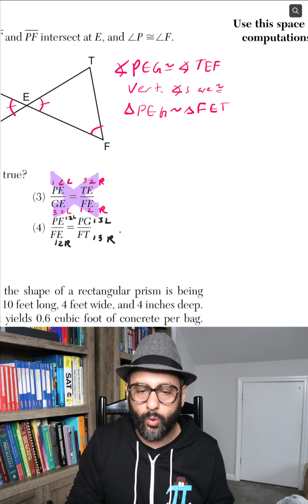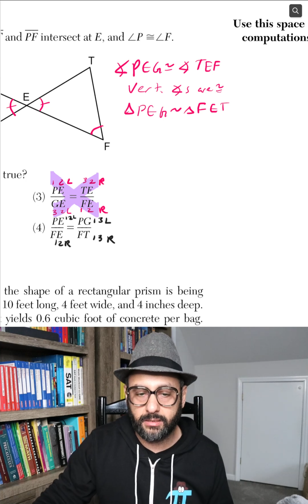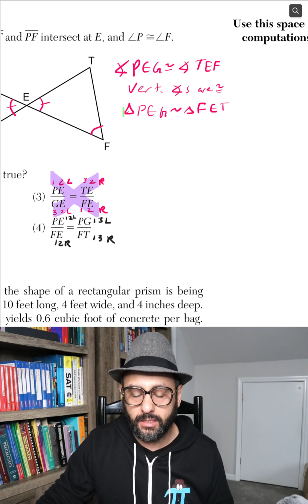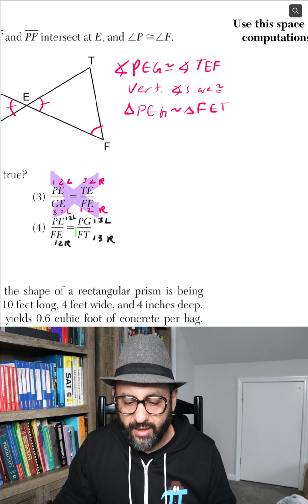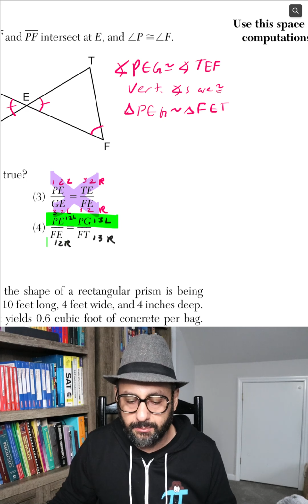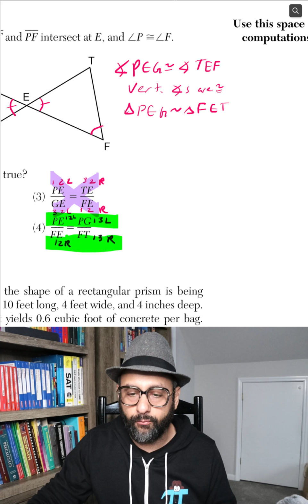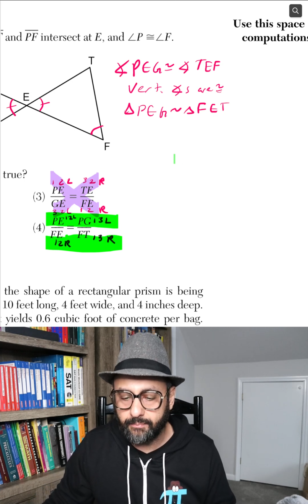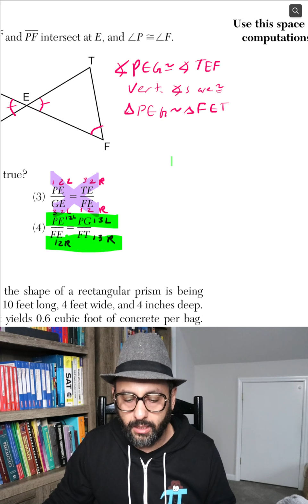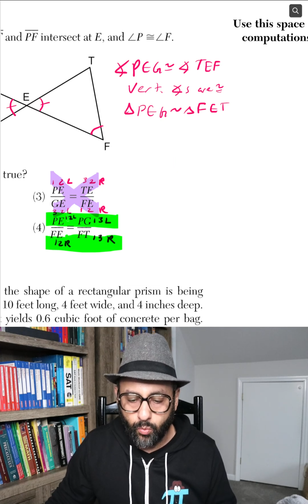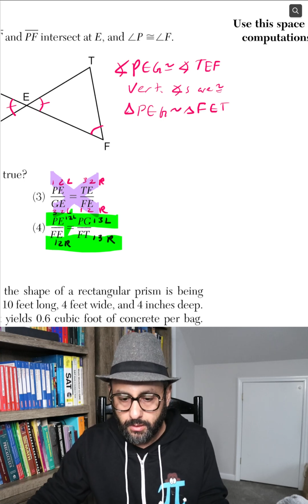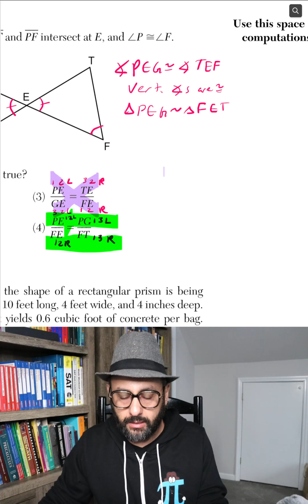Now look at the way we can highlight this. If we highlight the lefts, we got the lefts both on top, the rights both on bottom. Then if we highlight the numbers, the 1 and 2, oops, I meant to highlight that.